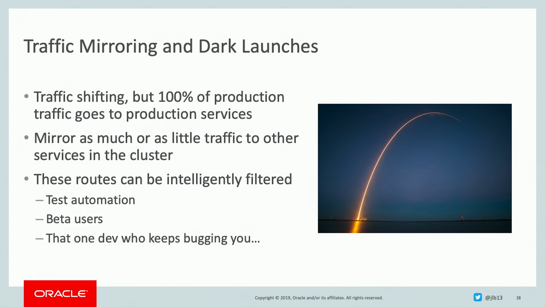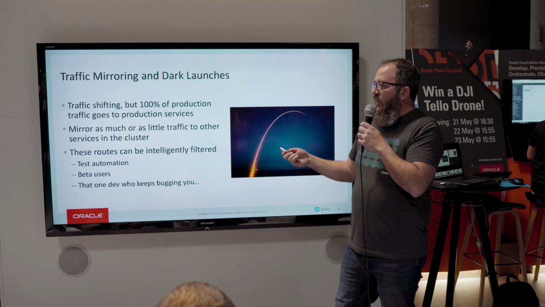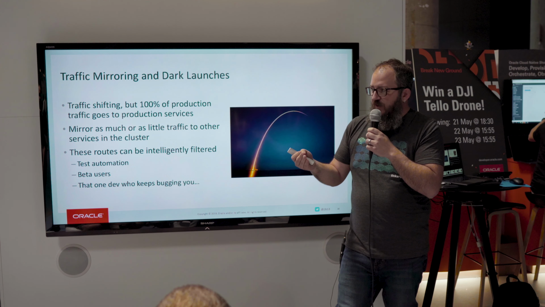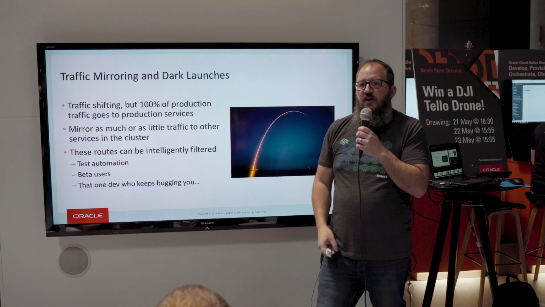So traffic mirroring is another thing. This is a real use case here where you use that same pattern, but you're able to throw 100% of your traffic still at your production versions, but then also take some amount of your traffic and mirror it to something else. So that gives you something like a dark launch or like around feature flags where you can actually turn things on and off in production.